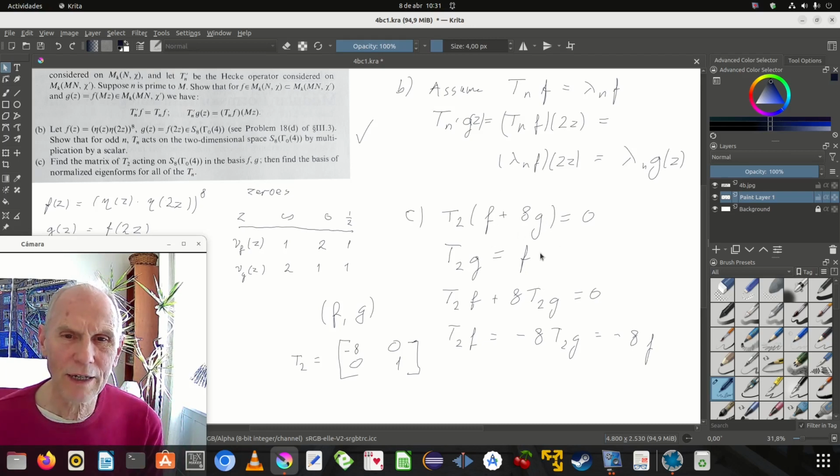Actually, we need to solve this problem. Now T2 of G vanishes. T2 of this vanishes. T2 of F equals 8, T2 of minus. Now what's up here?